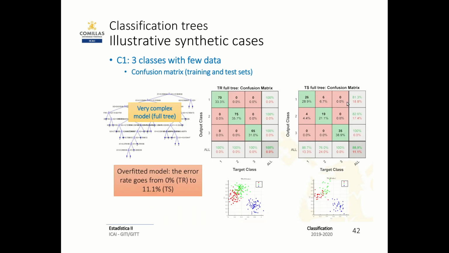So we can see the confusion matrix for the training data and for the test data. For the training data we have 0% of errors, while for the test data we have 11% of errors.